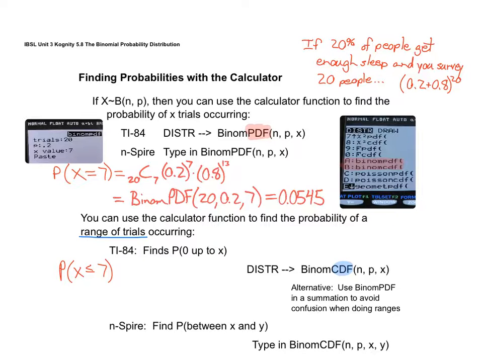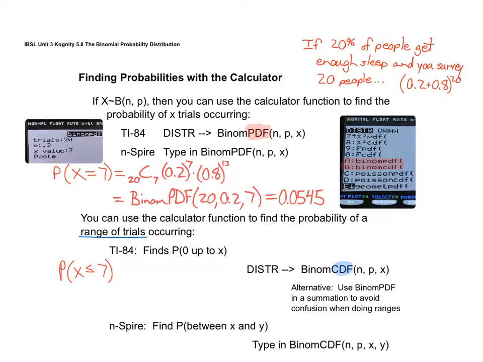Where it gets challenging is when we're asked to find the probability of a range of values. So, for example, if I wanted the probability of getting no more than 7 people who got enough sleep. If that were the question, I would use the binomial CDF.